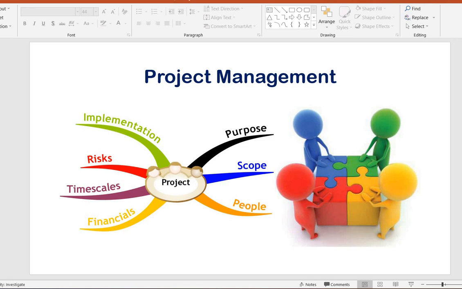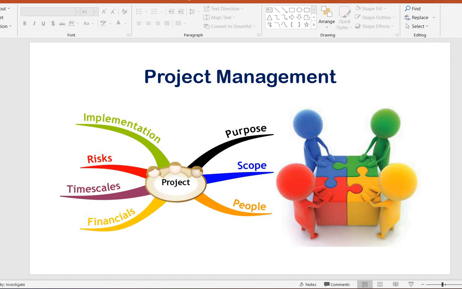When we talk about the service industry, the scope is different. When we talk about financial and marketing related project activity, the scope is different. When we talk about any other sector, such as a social event, an environmental project, or government projects, the scope differs altogether.